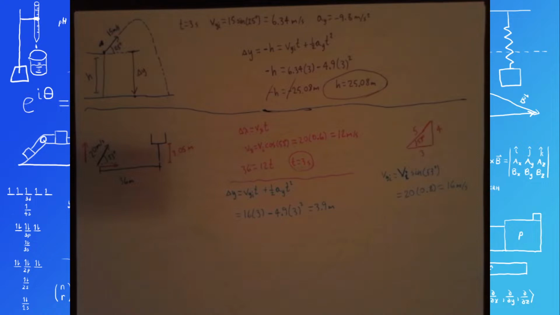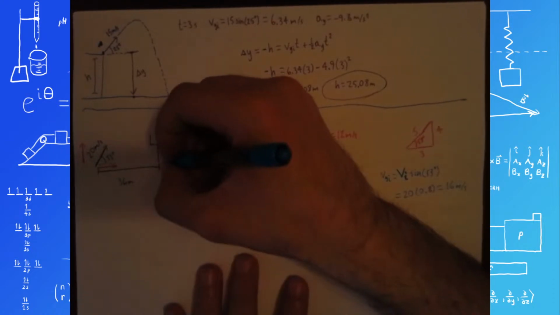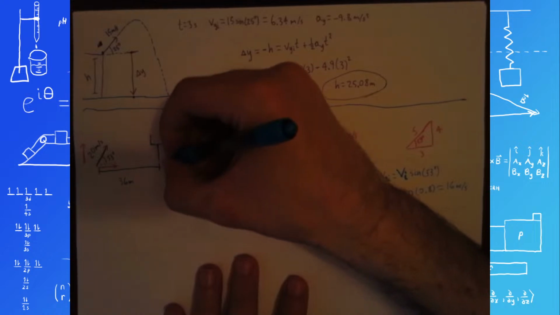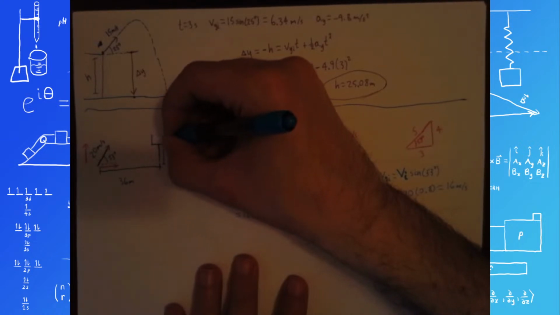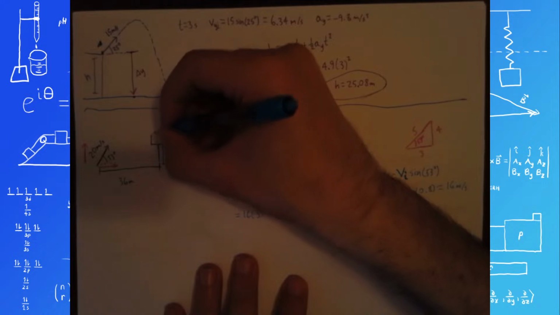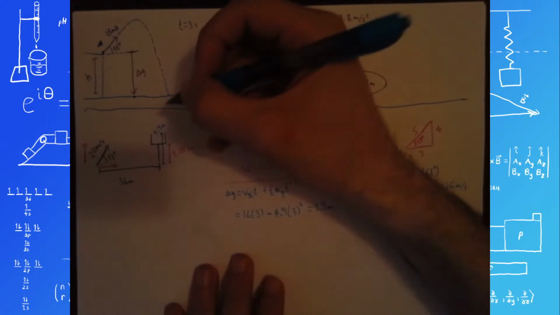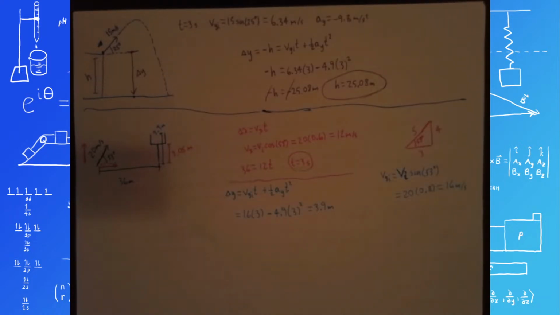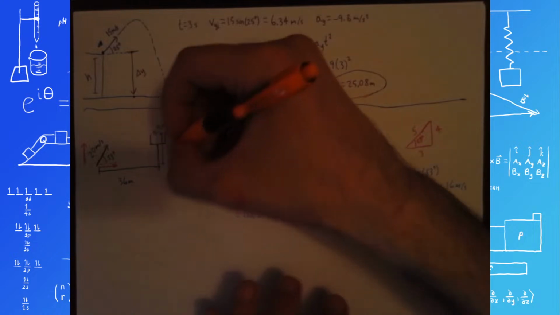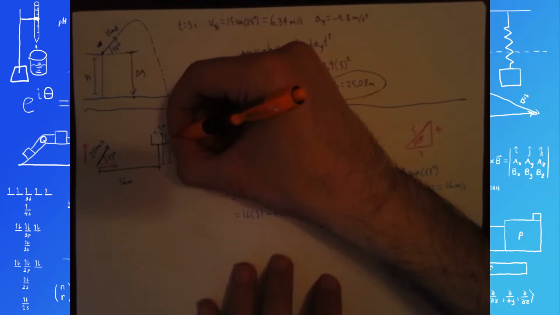The question was, by how much does the ball clear or fall short of clearing the crossbar? By how much? If delta y is 3.9 meters, then what they are asking us for is this difference.